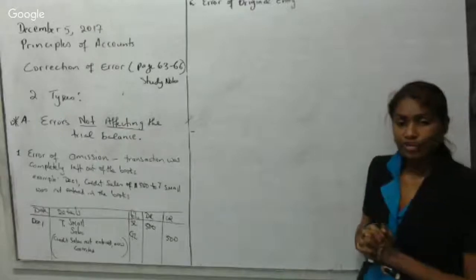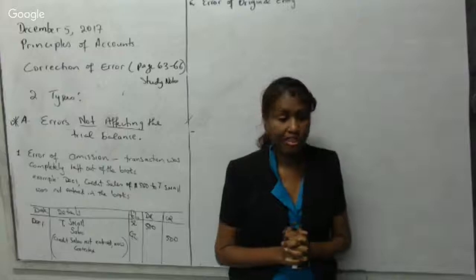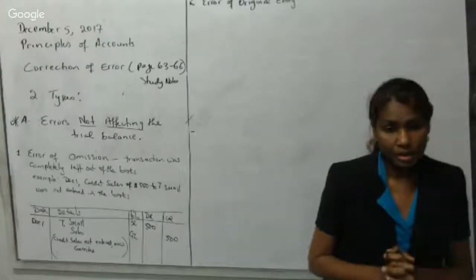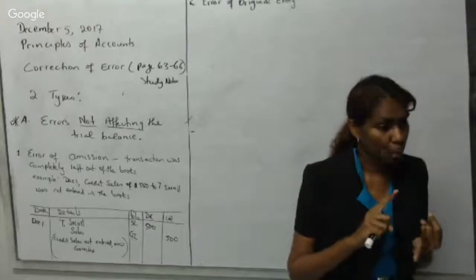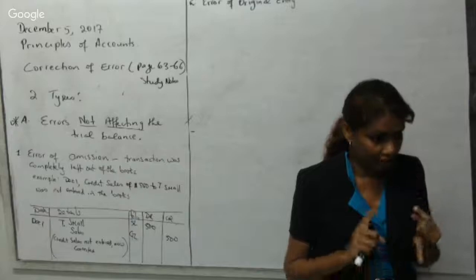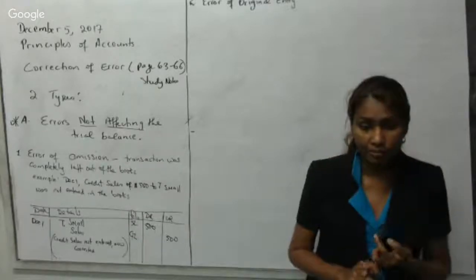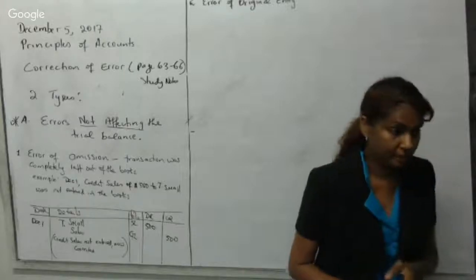Now, for an error of original entry, it would involve a situation where an error is made. The 2 accounts that are used are correct. You have used the correct accounts. However, the amount that you've entered in the accounts is incorrect.